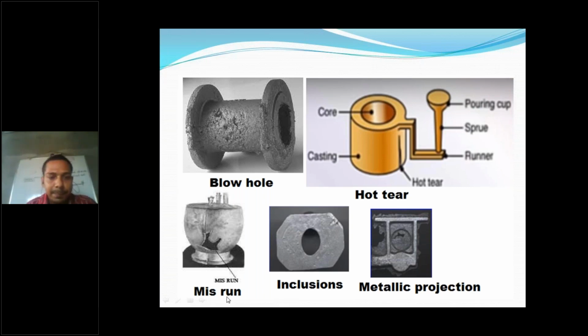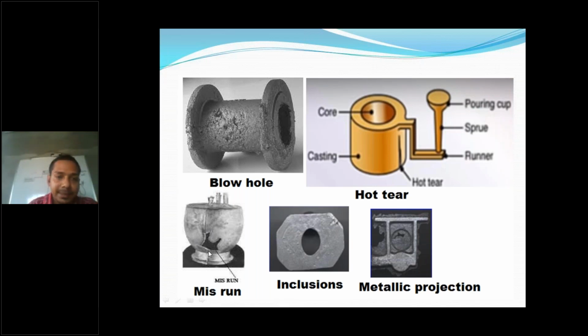Now the next one is misrun, incomplete filling of the liquid material. Why does this happen? Suppose the product thickness is very small, so the solidification rate will be higher. If the solidification rate is higher, then there is possibility of partial solidification before complete filling of the liquid material in the cavity. If that kind of phenomenon happens, this problem occurs.